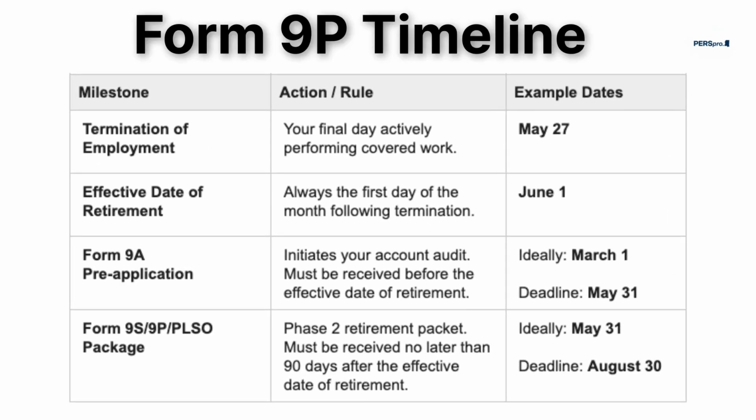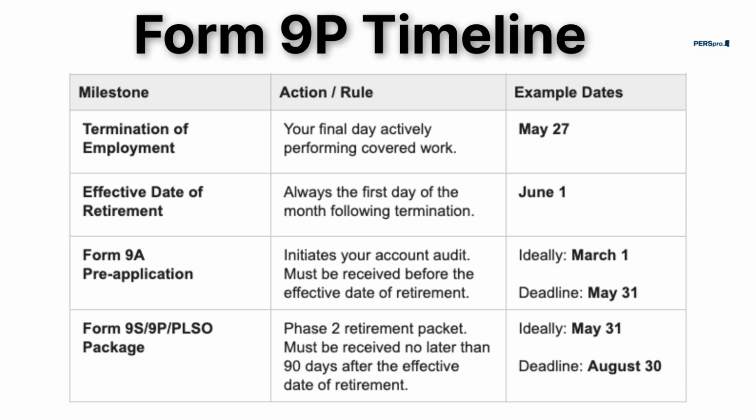Before we review this form section by section, let's look at exactly what Form 9P does and the timeline you need to be aware of. Your retirement timeline is governed by a strict two-phase application process defined under PERS Board Regulation 35. As we reviewed in video number 56, you first file your Form 9A pre-application for service retirement benefits to initiate a PERS account audit.